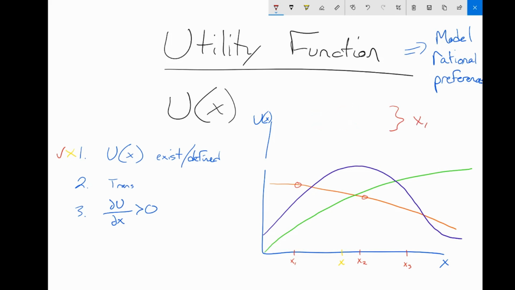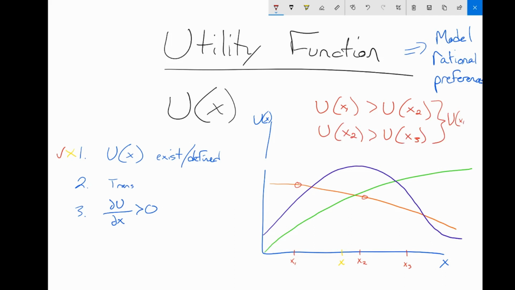Let me write this in utility terms. Utility of x1 is greater than utility of x2. Utility of x2 is greater than the utility of x3. This implies that the utility of x1 is greater than the utility of x3. Is that the case here? Yes.